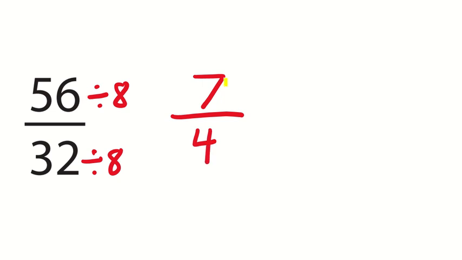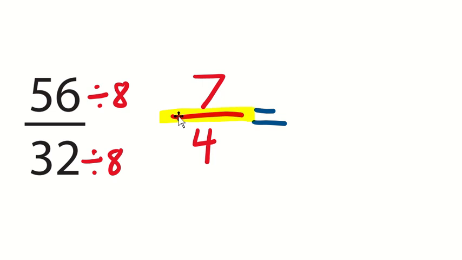But look, it's still an improper fraction. We want to write it as a mixed number as well in 6th grade. So how do we do that? Well, we do that by simply asking, how many times will this go into that? Like, how many times will 4 go into 7? Because this really is a division problem. This line says divided by. 7 divided by 4.